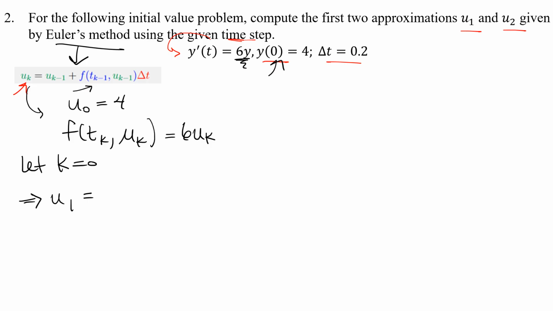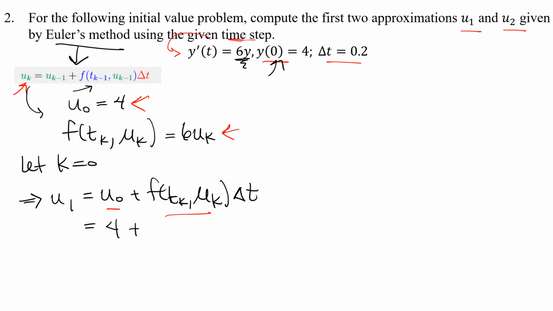Well, that's going to be equal to u sub 0 plus our function here, f of t sub k, u sub k, and then we have our change in t. We said already that our u sub 0 was 4, so we're going to plug in 4 there. We said that our function here is 6u sub k, but remember we're saying k is 0.